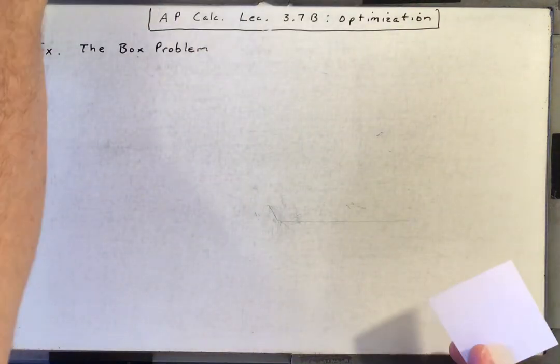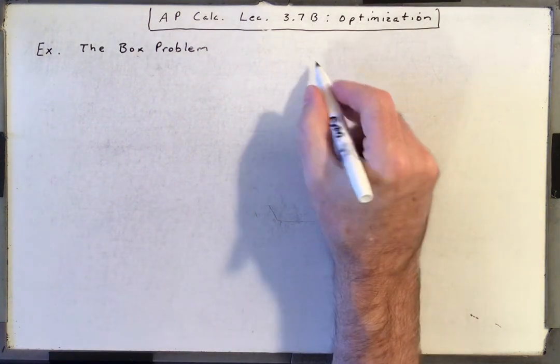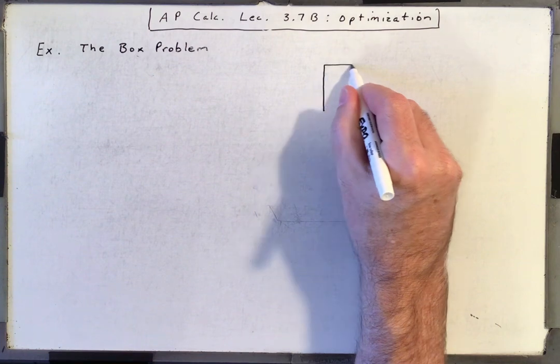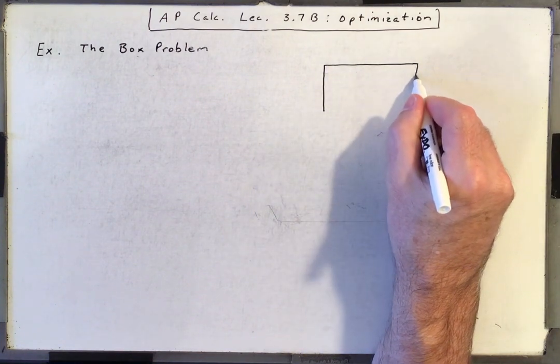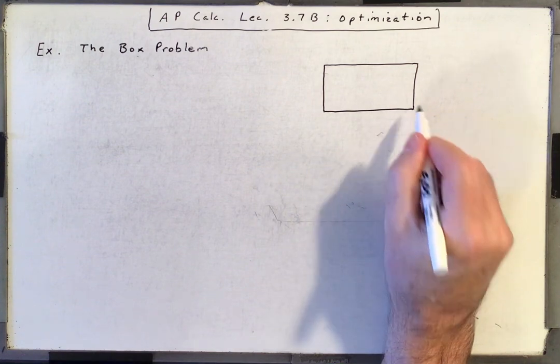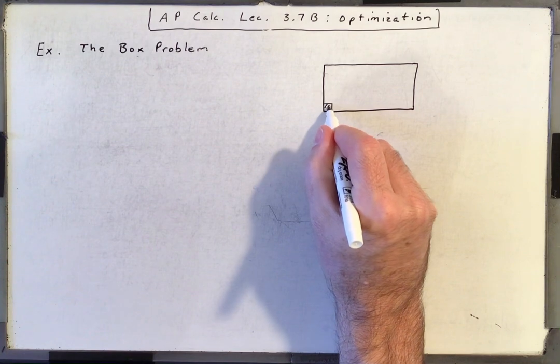Okay, so let me go ahead now and draw the situation. So we've got, let's say it was this piece of paper before we had folded it. And I'll draw the squares that we're going to cut out in each corner.